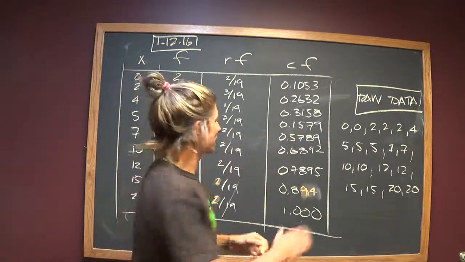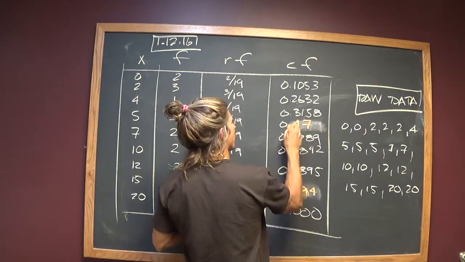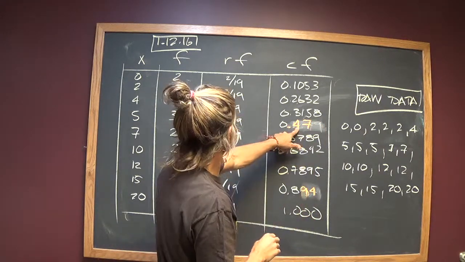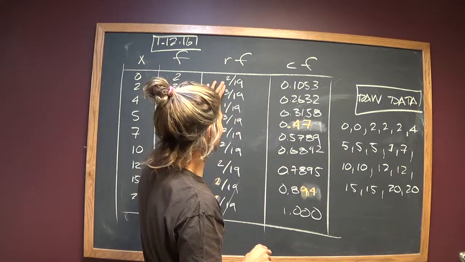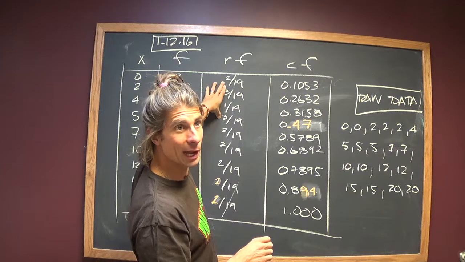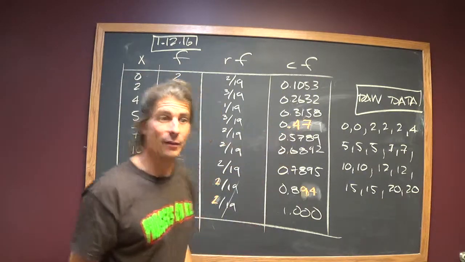So I think the 47% that they're talking about is going to be right here, which would be the sum of the 3/19, 1, 3, and 2. So that's going to be 9/19, which is just shy of a half. And that's what this is, just shy of a half. Whew, apologies.